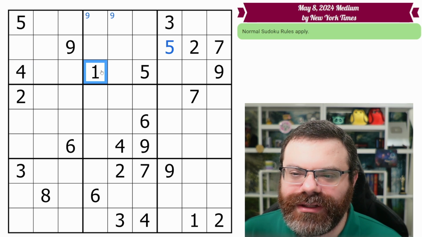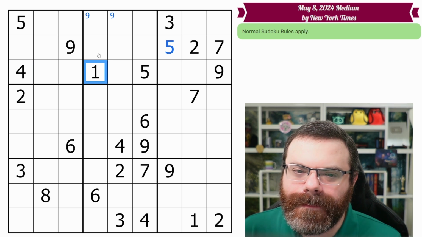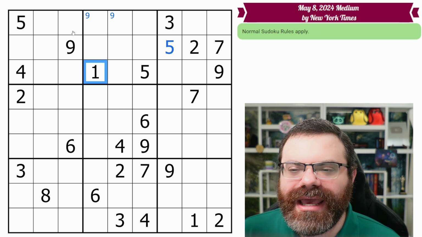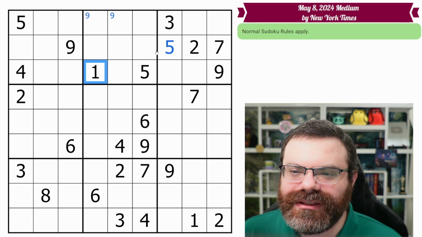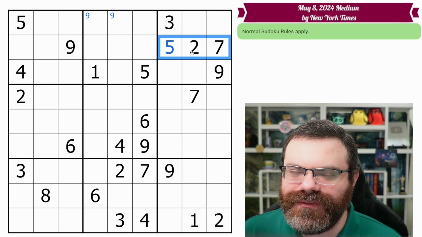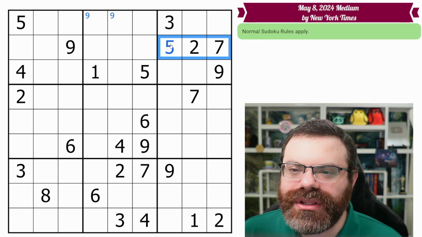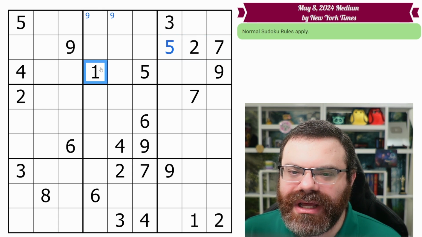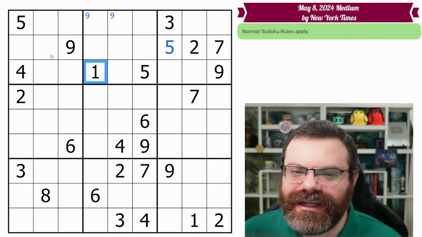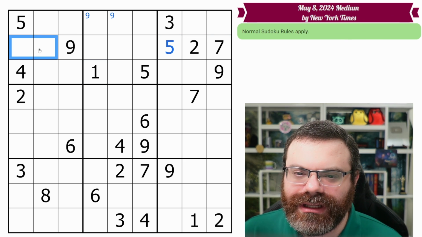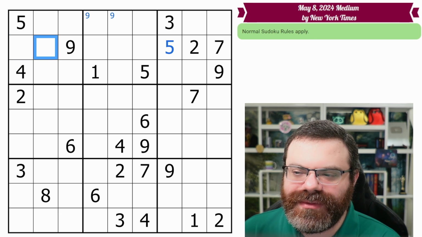So we're going to take this 1. One way I like to think about this is, none of these cells are 1, right? They're 2, 5, and 7. So where would the 1 be to buddy up with this 1 in order to take 1 out of these 3? And the answer is it would be over here somewhere. So if we had a 1 over here, like let me just place one real quick.